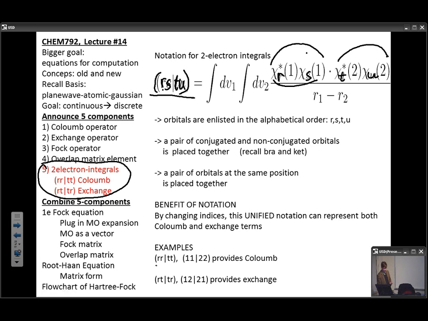For example, if you use two similar indices on the left part and two similar indices on the right side, it will represent Coulomb. And if you have different indices on left and right, this will correspond to exchange. Do not be scared, do not be worried, we are not going to use it for the rest of the course. It is just in case.